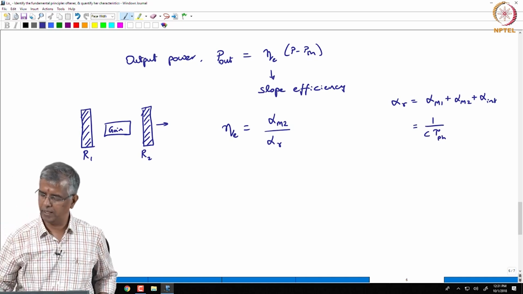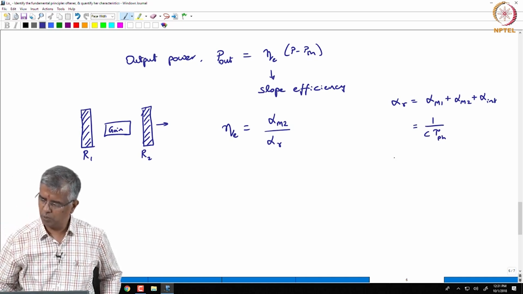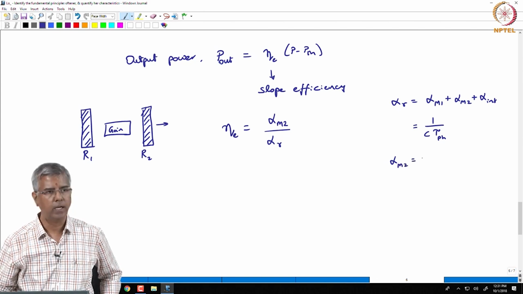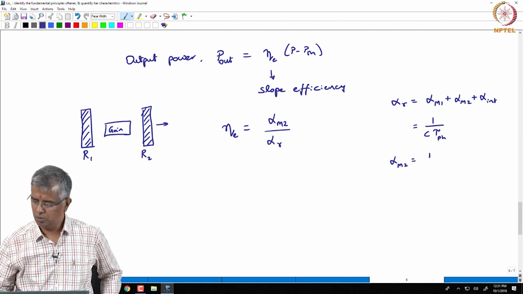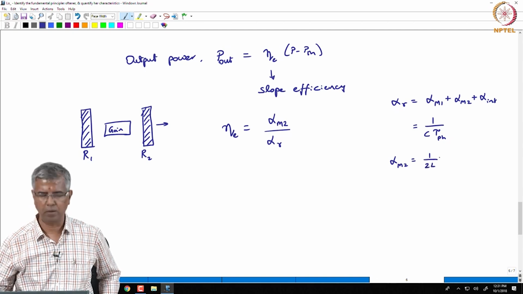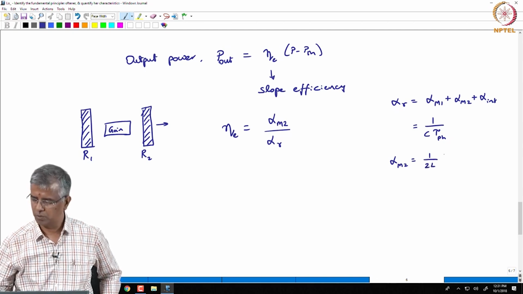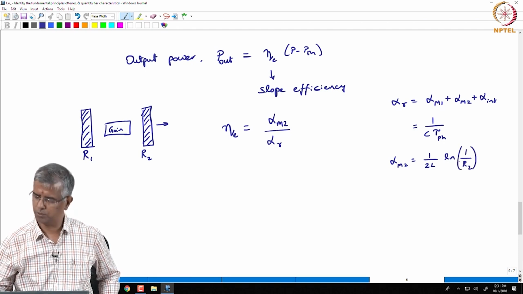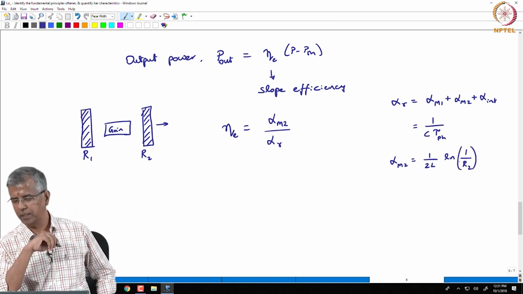And then what is alpha m2? Alpha m2 corresponds to the mirror loss, which is given by 1 over 2L ln of 1 over R2.